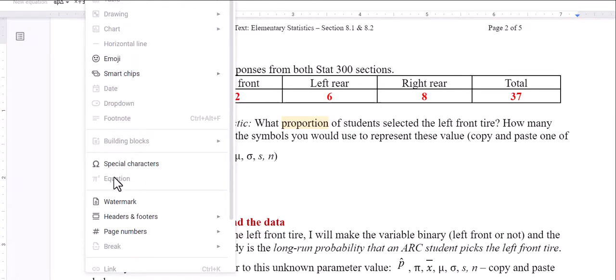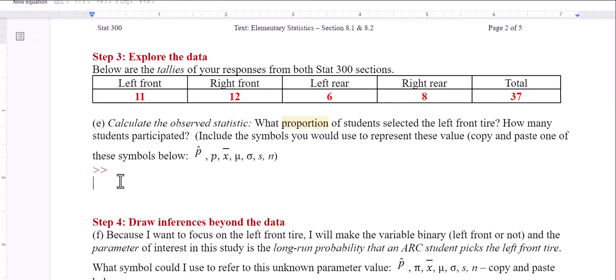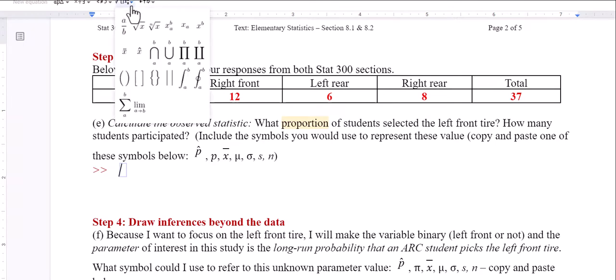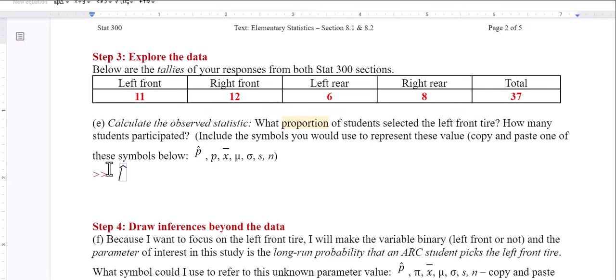I'm going to insert an equation. Oh, wait, I can't do that. Oh, I already had the menu there, that's why. So we're going to choose the one with the hat. So P hat is equal to, and we're keeping track of the left front tire. So it's going to be 11 out of 37.